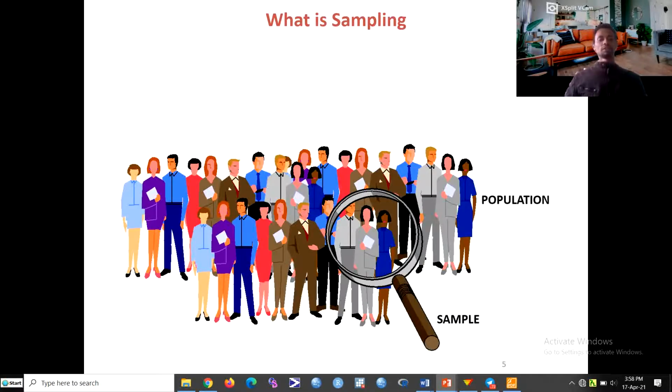So you see, I'm showing you in this figure there is a lot of population, but the lucky ones, or the unlucky ones, are the 3 people that are considered as a sample.